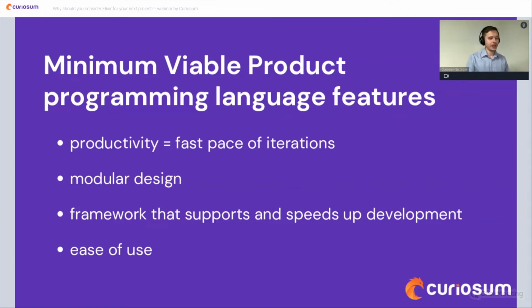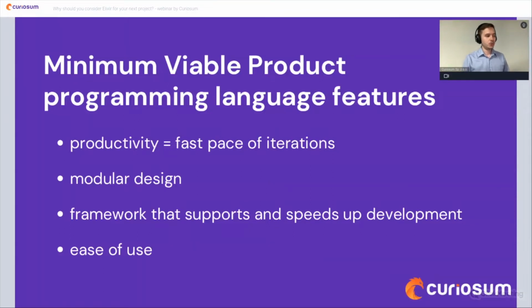We also need a framework that supports and speeds up development. That actually is connected to productivity. If we have a framework that can do a lot of stuff for us for free, which has some kind of generators or processes inside of it, libraries that speed up the development, that's a huge plus because we can do things faster.